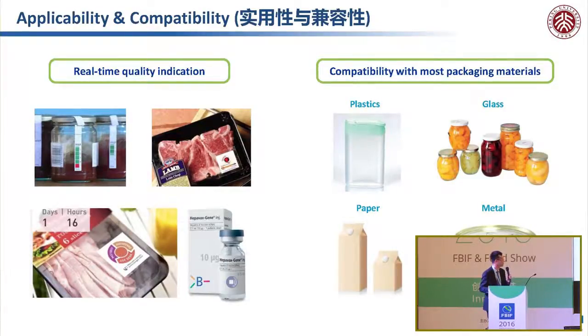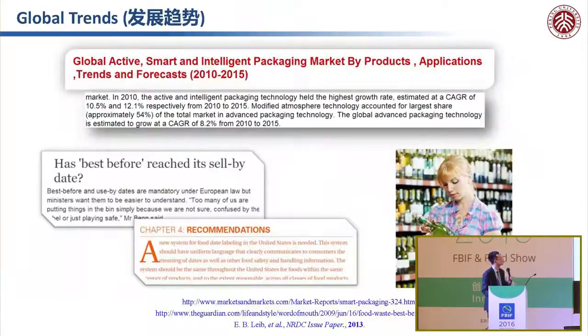So you don't have to worry about contamination or something like that. And it indicates the quality in a non-destructive and non-contact manner. It is also compatible with most packaging materials, for example, plastics, glass, papers, and metals.